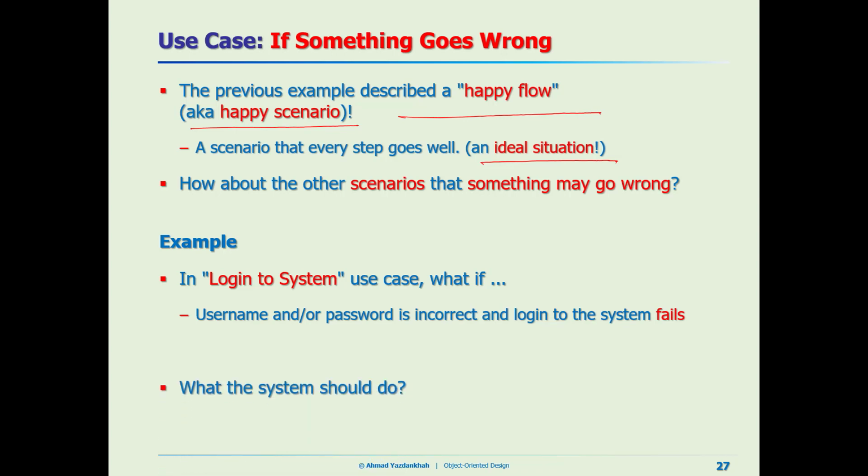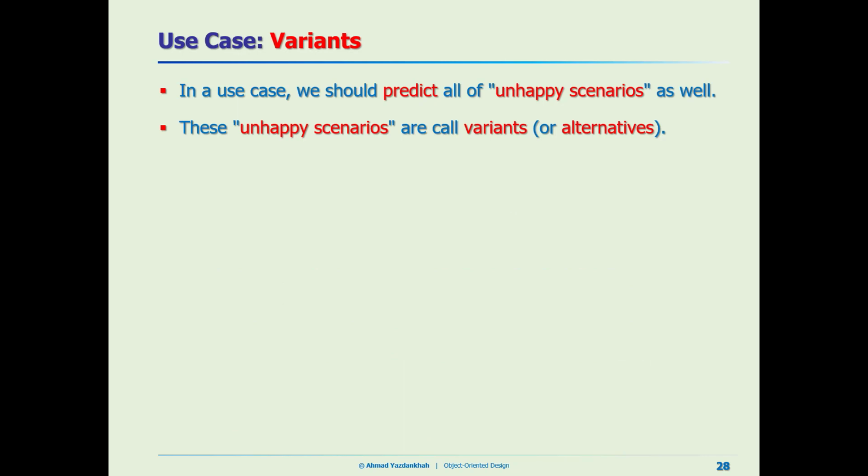That's why the business analyst should predict all of this, and we call it variance. All of these failures should be predicted in advance by business analysts. So we call these unhappy scenarios, or variants, or alternatives.